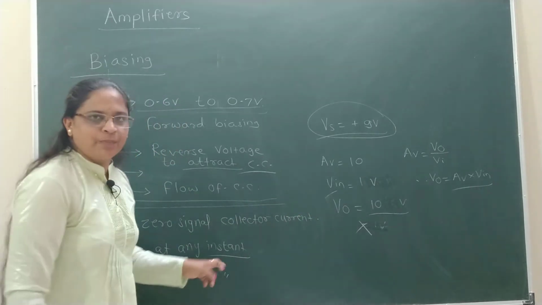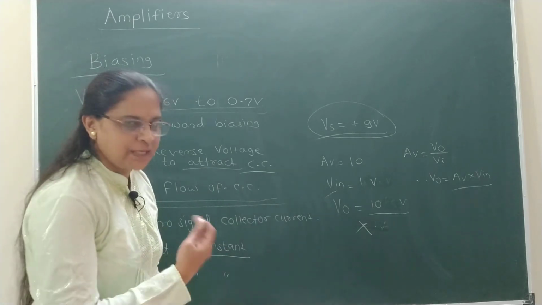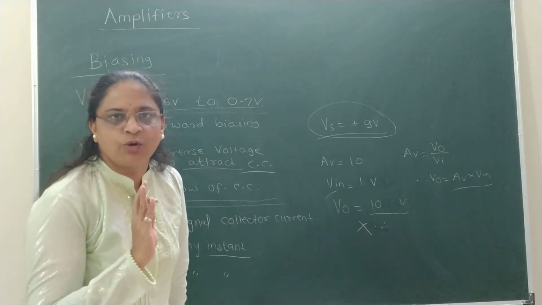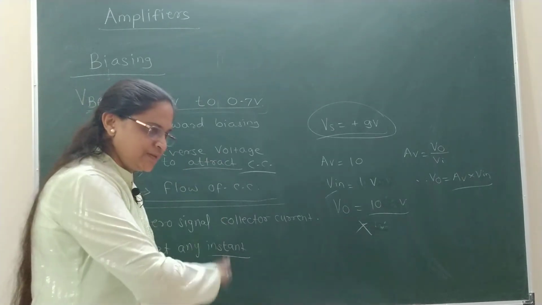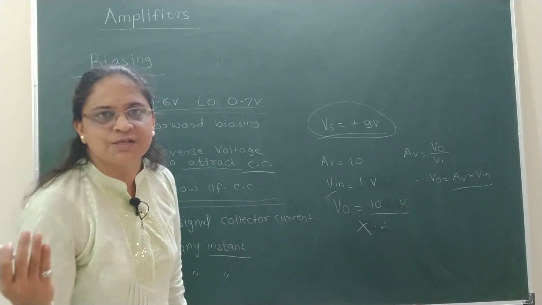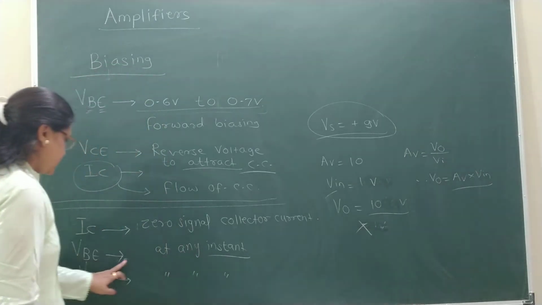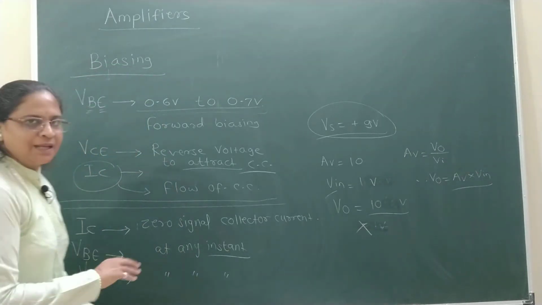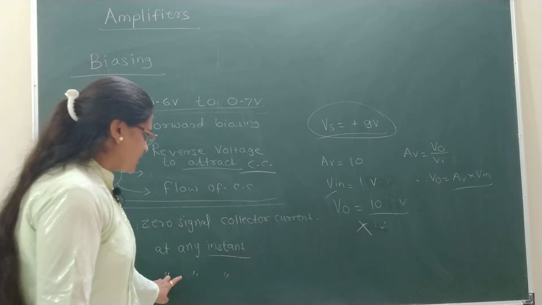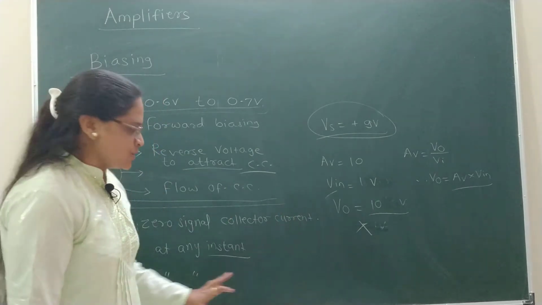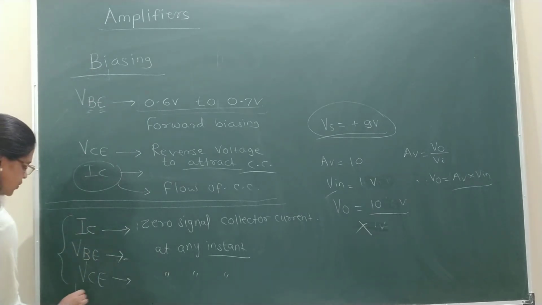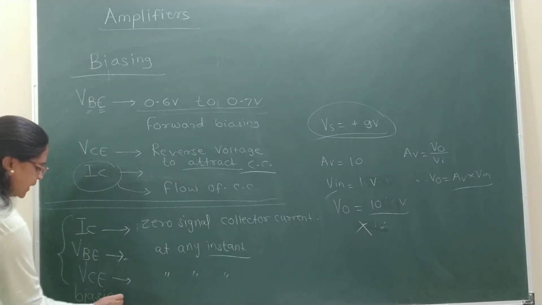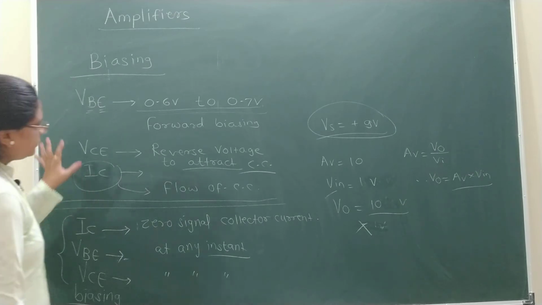VBE, to provide proper base emitter voltage, so that the internal depletion layer always gets overcome, at any instant, whether the input signal is given for amplification or not. That is the essential part. VCE, the collector emitter reverse bias voltage to attract the charge carriers at any instant. So to provide these three parameters is nothing but biasing. So this is known as the basic biasing part.